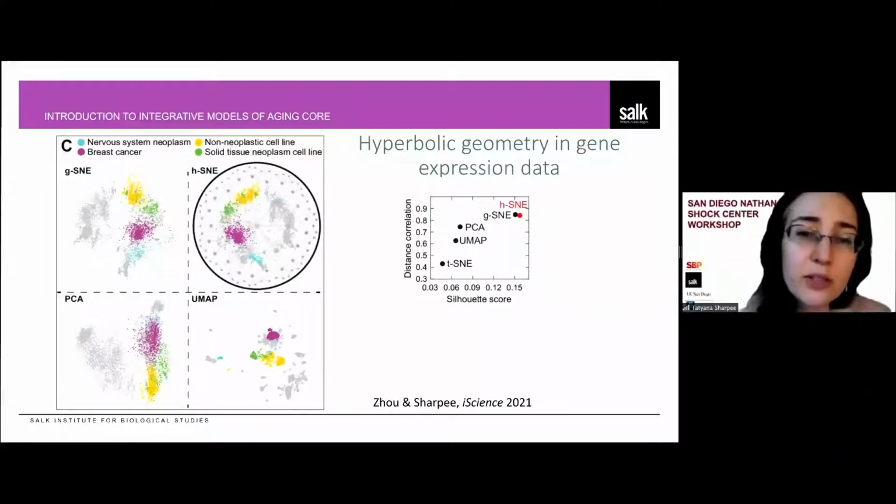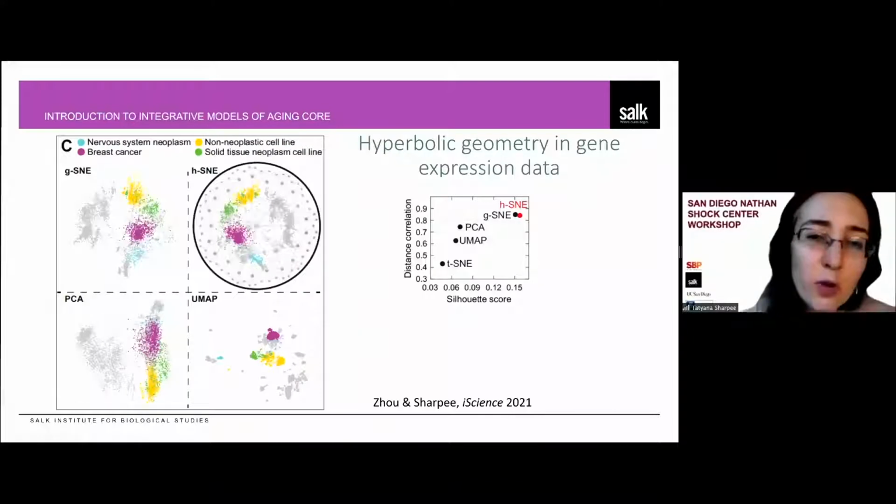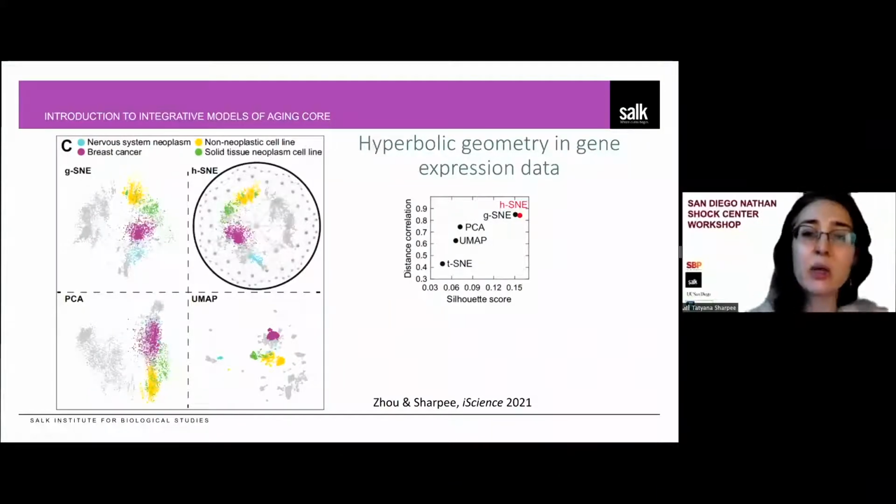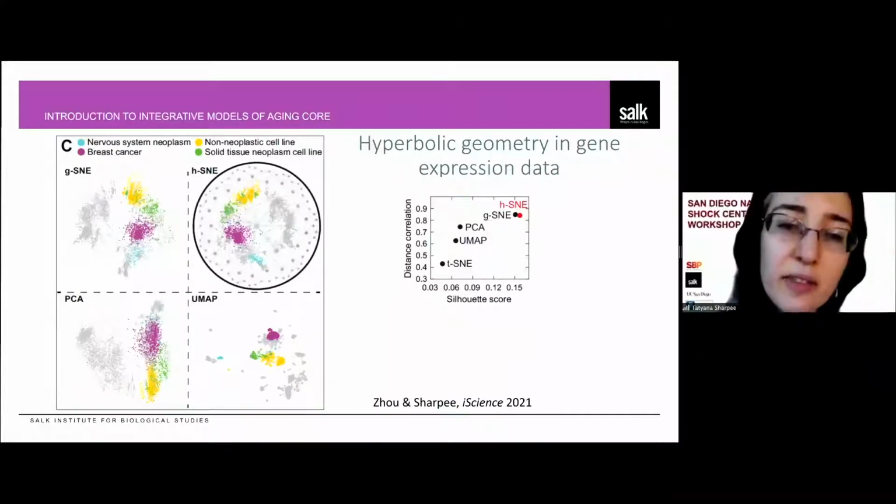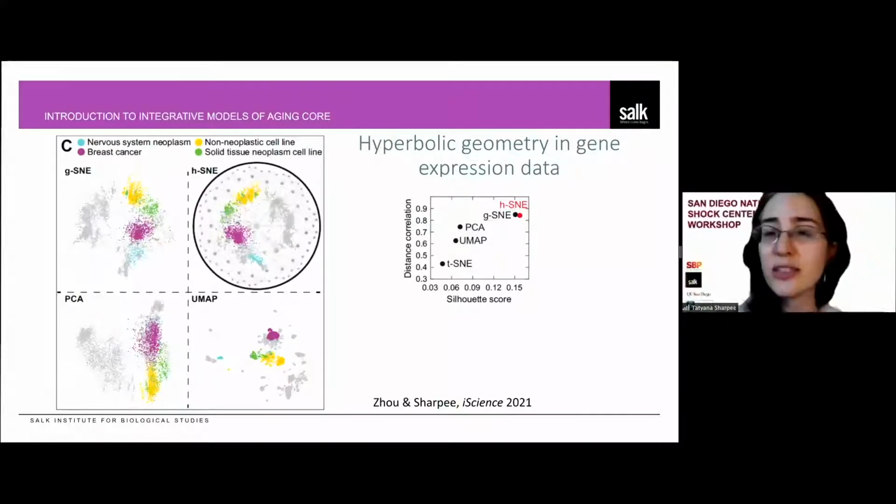And what is also interesting, if we focus on this cluster of magenta cells, these are breast cancer cells, one can notice that some of these cells are closer to the center of the space, and we think that these are more dedifferentiated cells, so maybe cancer stem cells here.